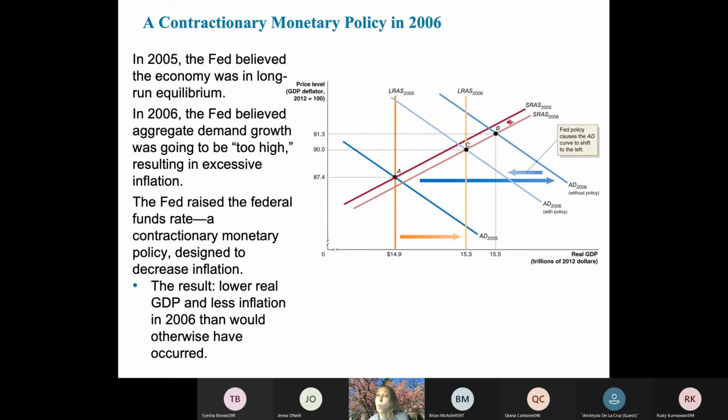We should be producing more. Yet the aggregate demand is growing way too fast to outpace what's comfortable. So the Fed was projecting that we're going to end up at point B, where the prices are higher than they should be, and the output is higher than we need to have.